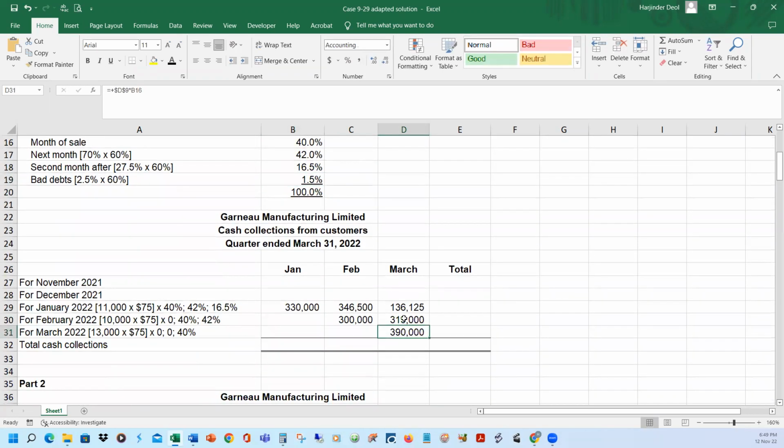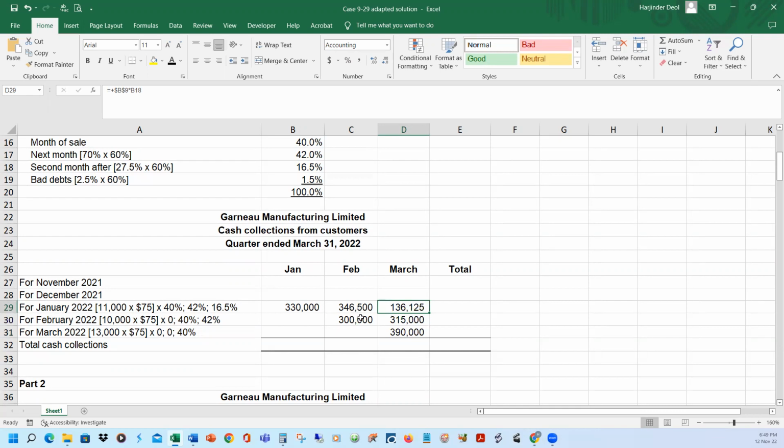But what we should notice here is that in every month, there are three amounts that we are collecting. A certain percentage, 40%, for the sales that took place in the current month, 42% from the previous month, and 16.5% from 2 months prior.